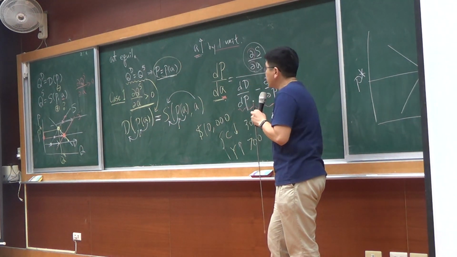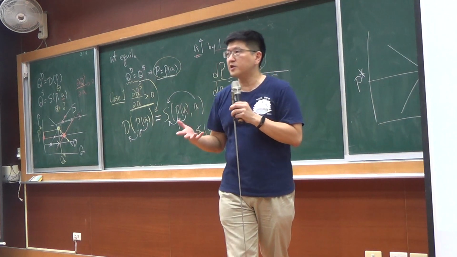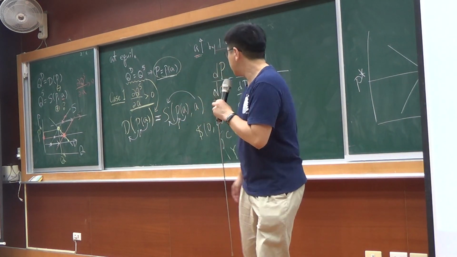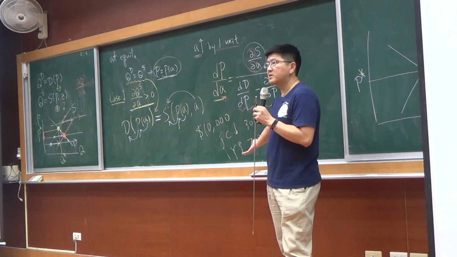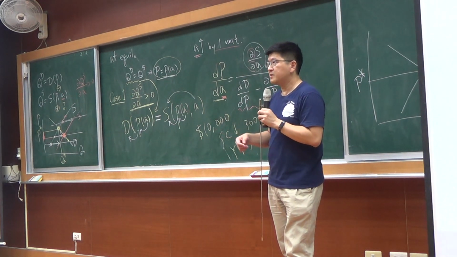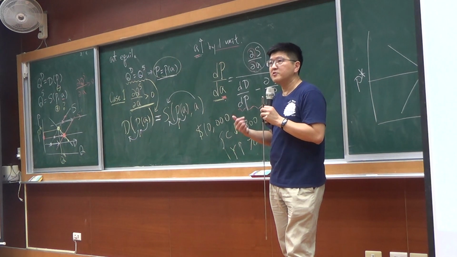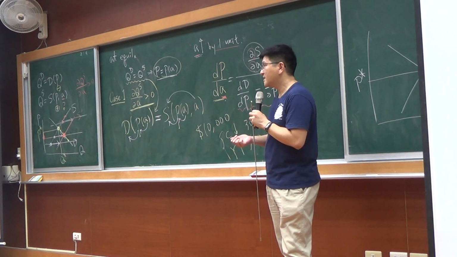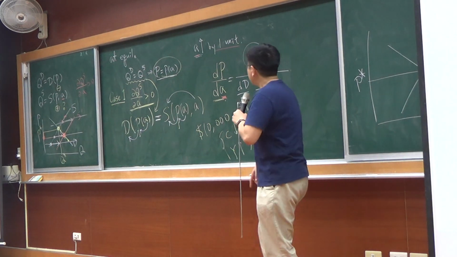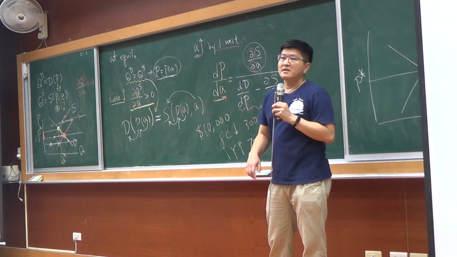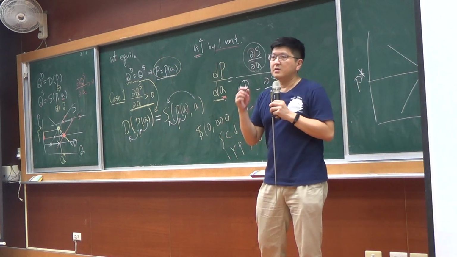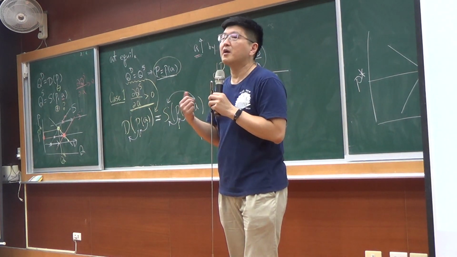So for each month you can return me how much money? You cut your consumption and also you earn more. So you can return me $1,000 each month, right? Now you owe me $10,000 and you may return me $1,000 per month.